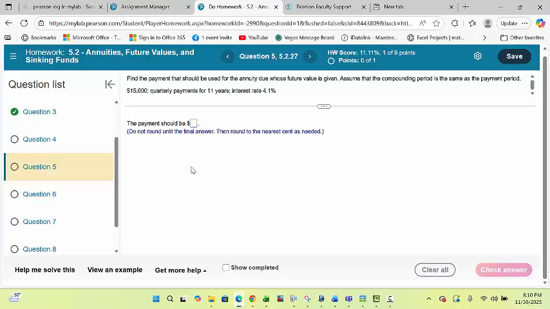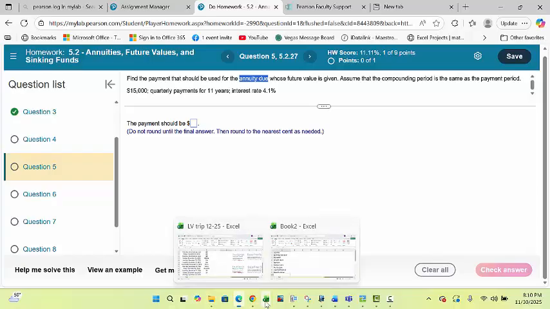Okay, it's 5. 5 is annuities due. It says right there, annuity due at the top. And quarterly, 11 years. This time I'll do the TVM solver first, and then I can do the formula. So 15,000, 11 years, quarterly.